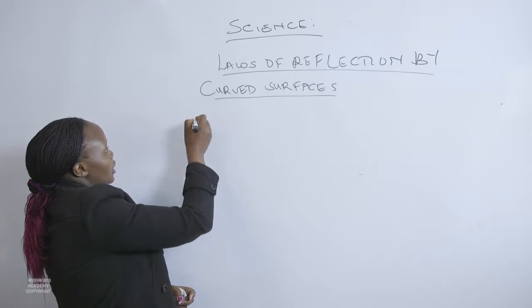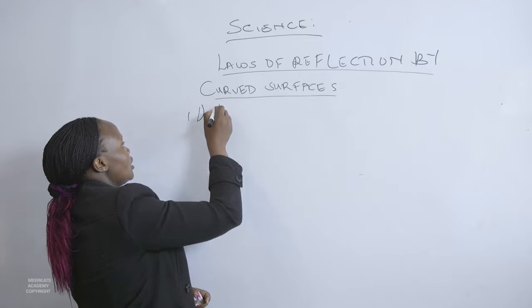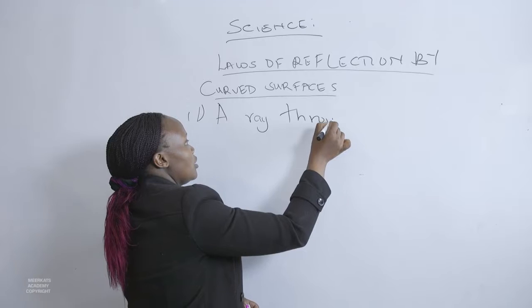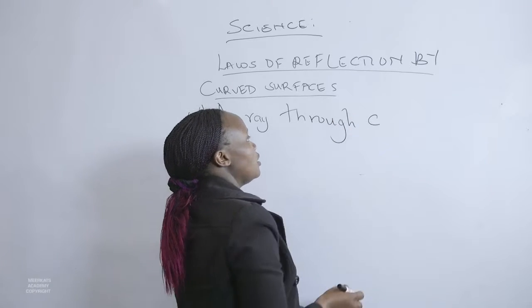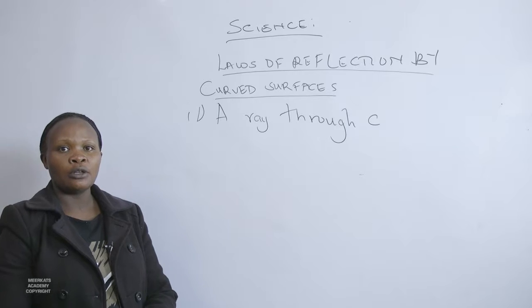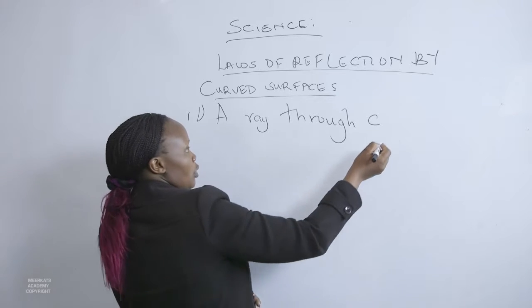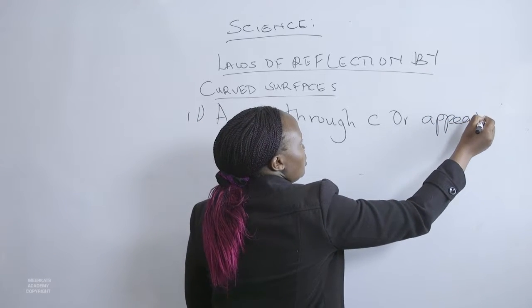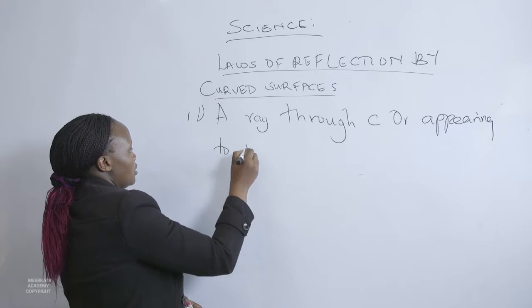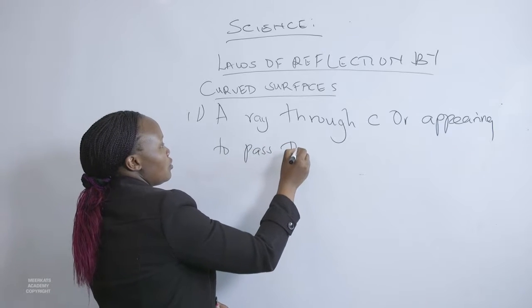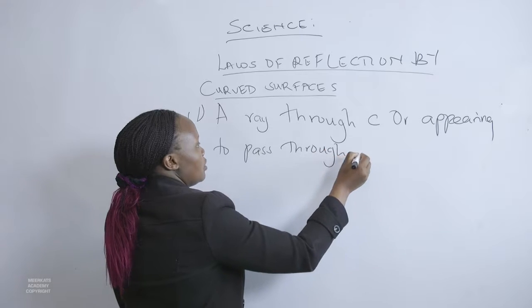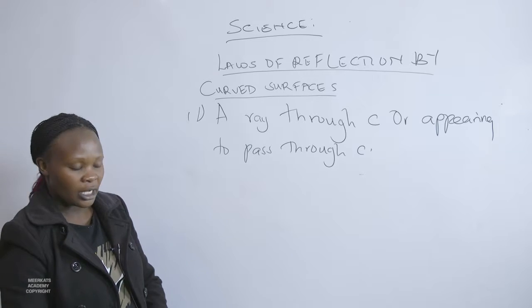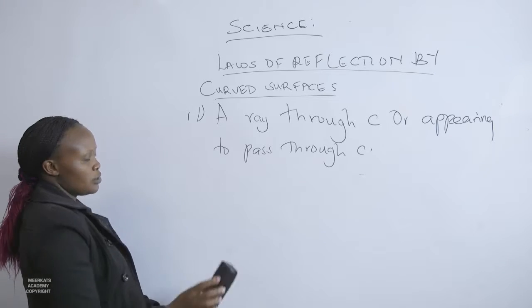Our ray number one is a ray through C, or appearing to pass through C.